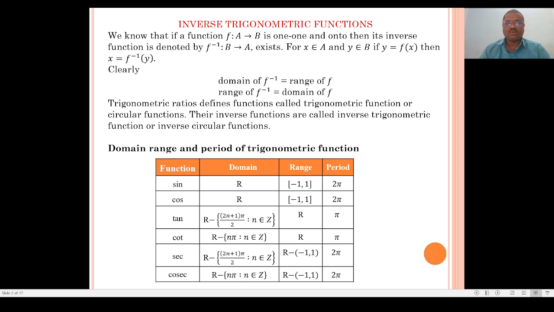And for cosec function, R minus {n pi such that n belongs to Z} and its range set is R minus open interval -1 to 1 and its period is 2 pi radian. So these are the basic concepts of domain, range and period of trigonometric functions, we discussed this in 11th standard.